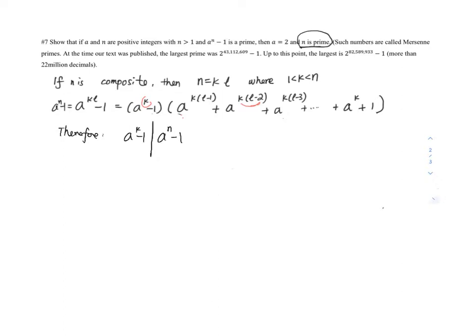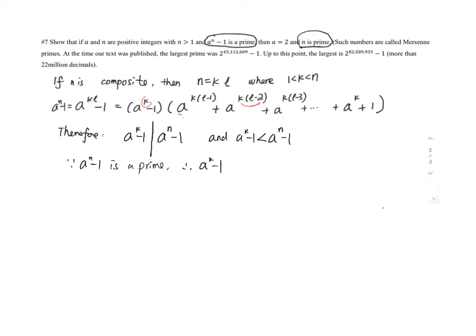And because a to the k minus 1 will be less than a to the n minus 1, and we do know that a to the n minus 1 is a prime, the only numbers that can divide a prime are either itself or 1.